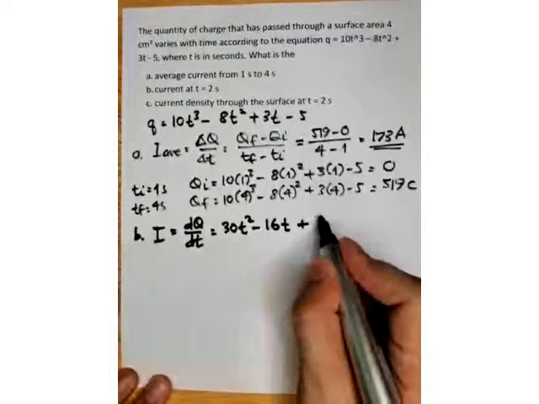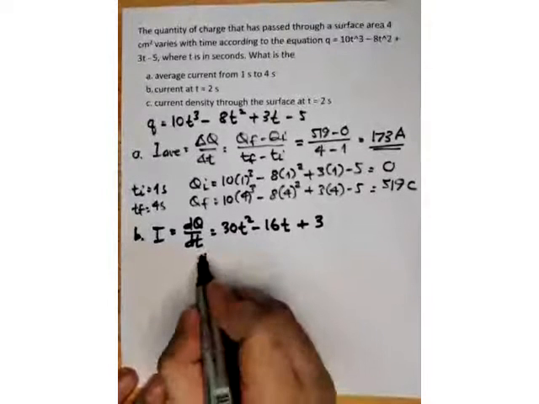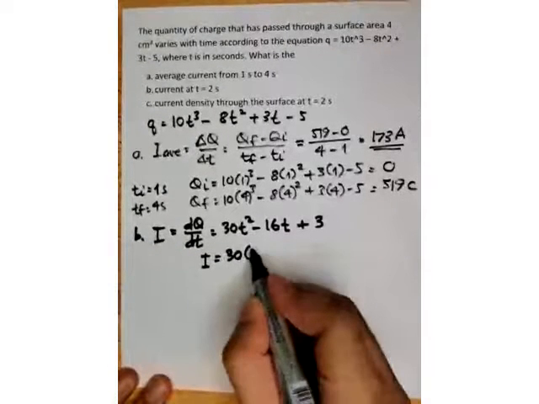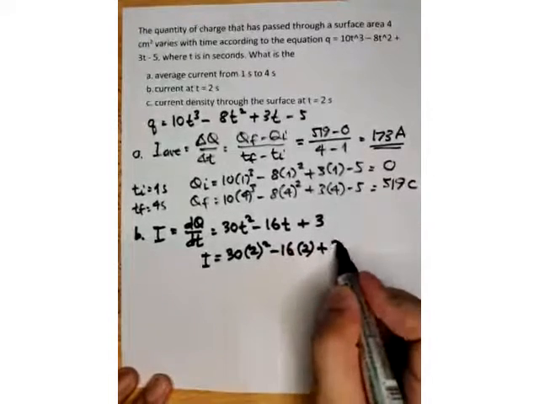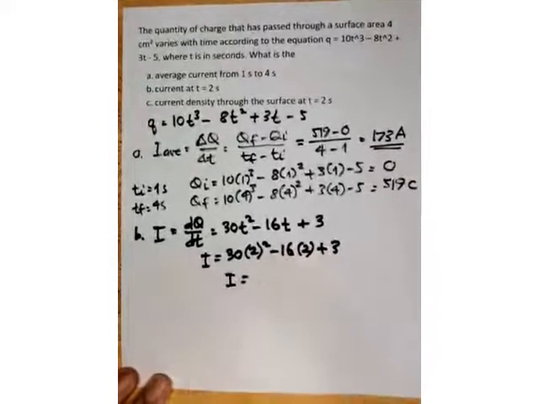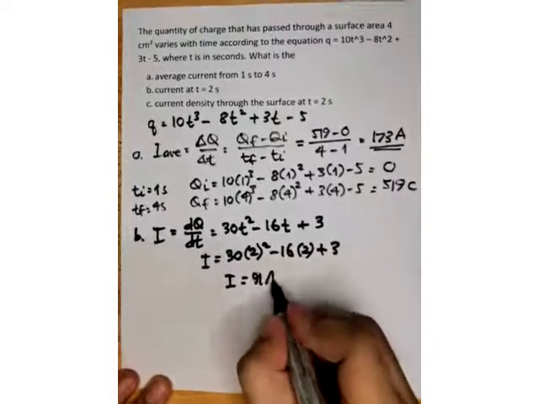Current is equal to 30 times 2 squared minus 16 times 2 plus 3. So, what is our instantaneous current? Okay. 91 amperes.